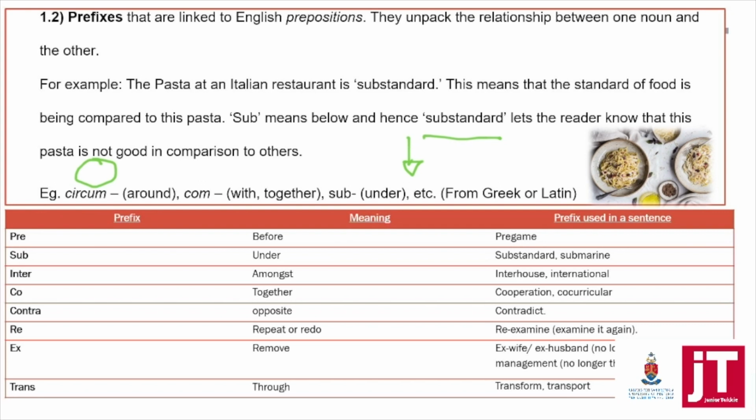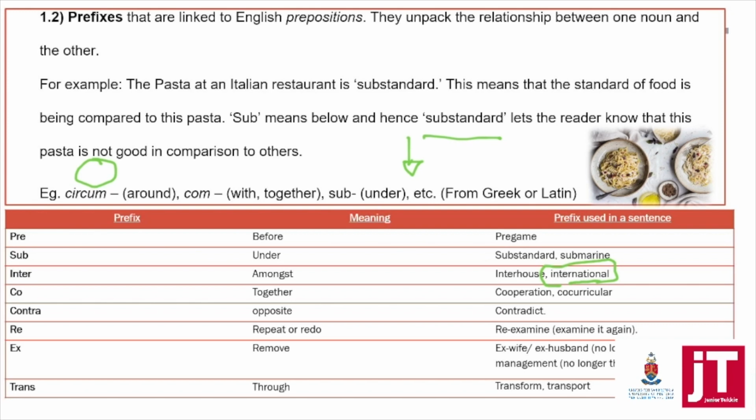Inter means amongst, interhouse, international. So international means that there's nationalities amongst one another. So for example, OR Tambo in Johannesburg is an international airport. You'd see somebody from Botswana sitting there. You'd see somebody from anywhere in the world sitting there about to catch a flight.